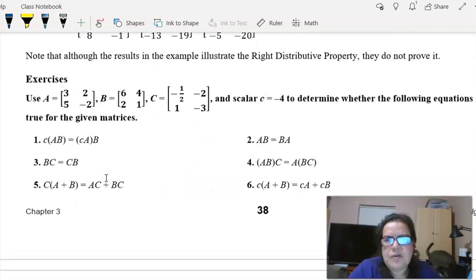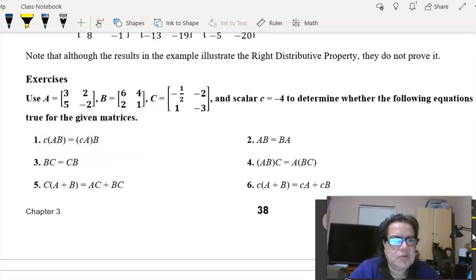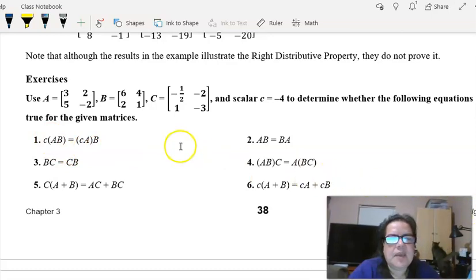And so they're asking you in these exercises, use a scalar. So you're going to multiply some of these depending on what they show you. You're going to be multiplying some of these equations, some of these matrices, and they're going to ask you, is it true? Like once you do that, do you end up with a true statement?